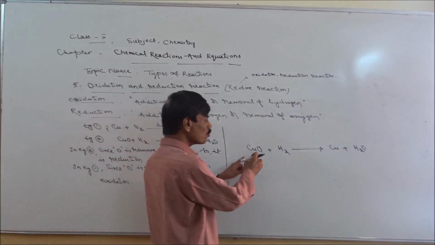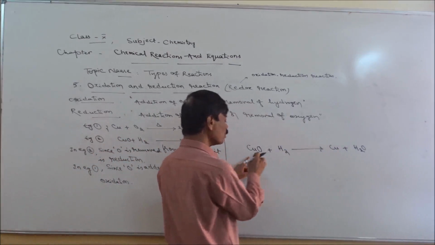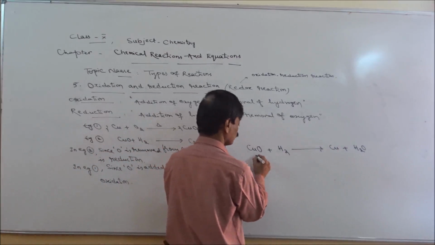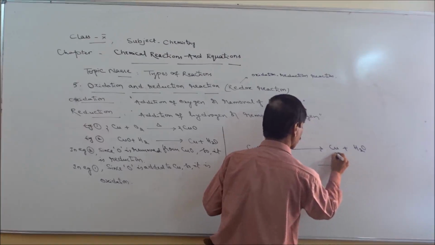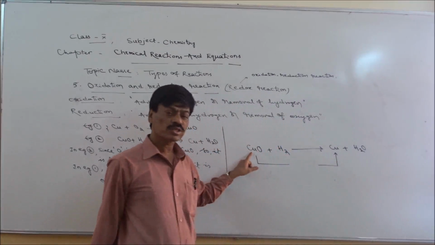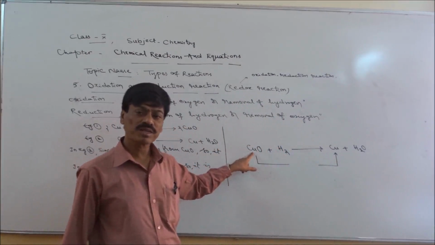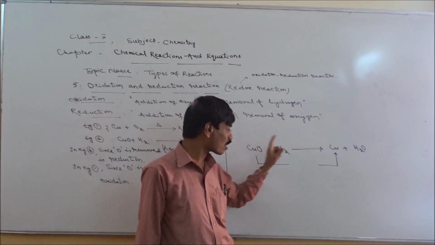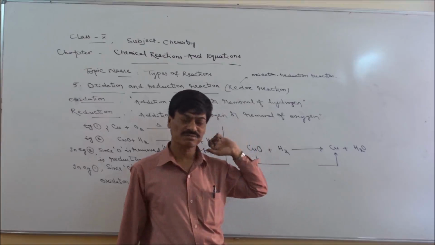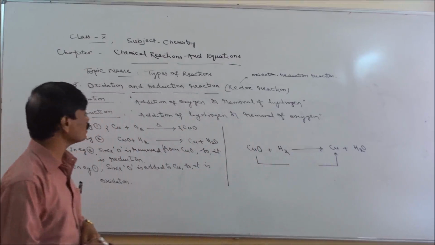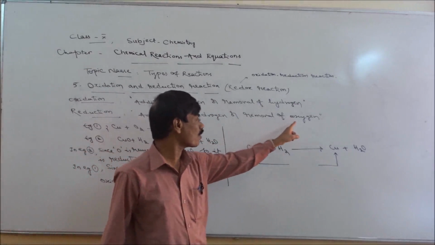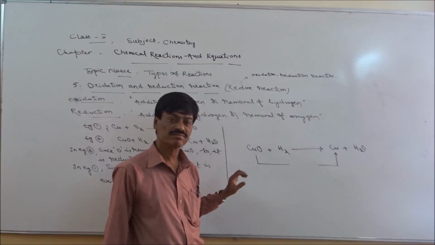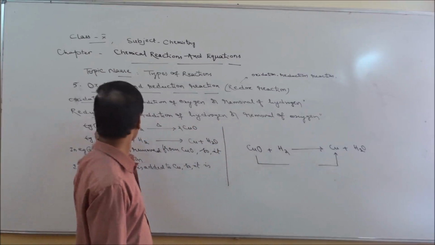Now, CuO has become Cu by losing oxygen. Cupric oxide, or copper 2 oxide, has become copper by losing oxygen. So the reaction wherein oxygen is lost, a removal of oxygen, is known as a reduction.